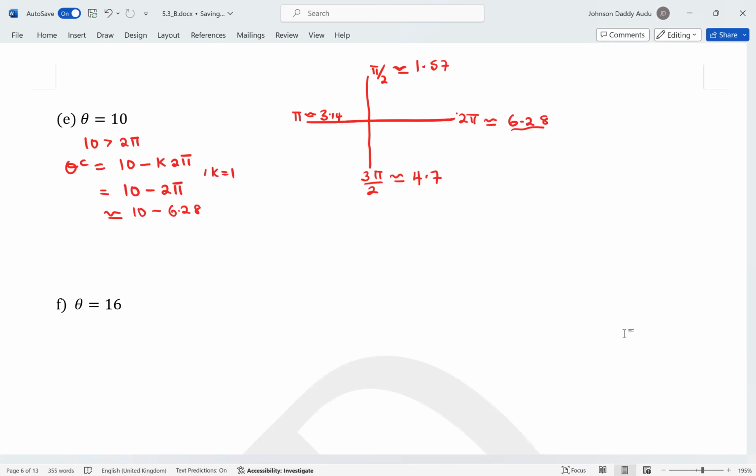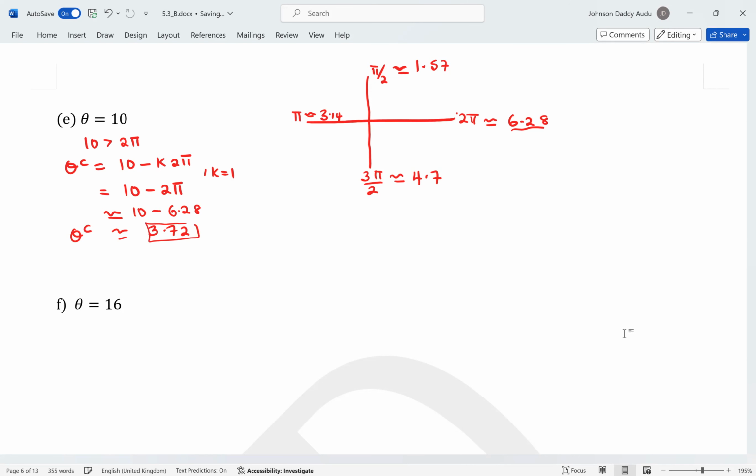Yeah, so about 3 point something. So what does this mean? This means that this number is the coterminal. So this coterminal is less than 2 pi. So it's fine.